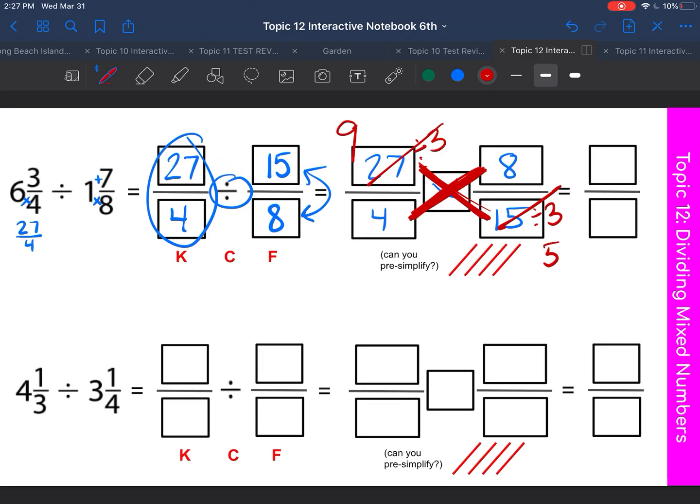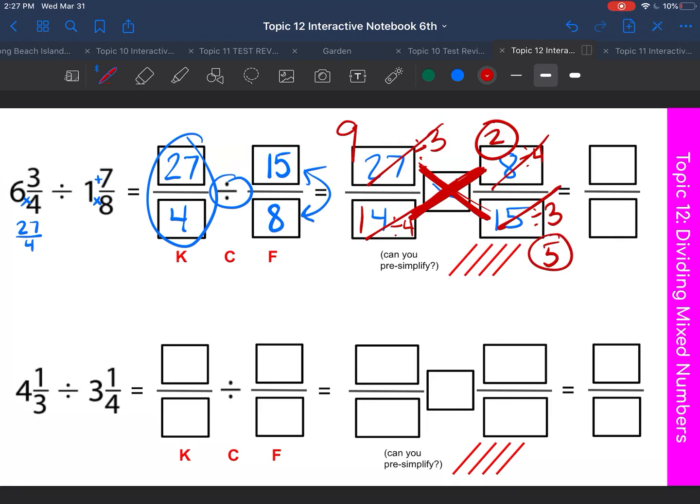We're getting shorter here. We're getting simpler. Can 8 and 4 have any common factors? They do. They can both be divided by 4. 8 divided by 4 is 2. 4 divided by 4 is 1.